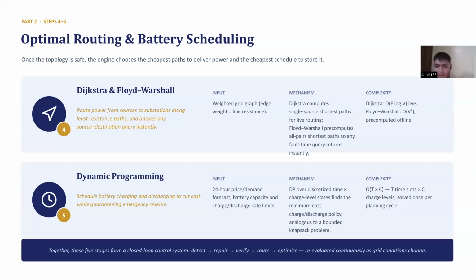This is essentially analogous to a bounded knapsack problem. It runs in O of T times C, where T is the number of time slots and C is the number of charge levels, and it needs to be solved only once per plan reset.